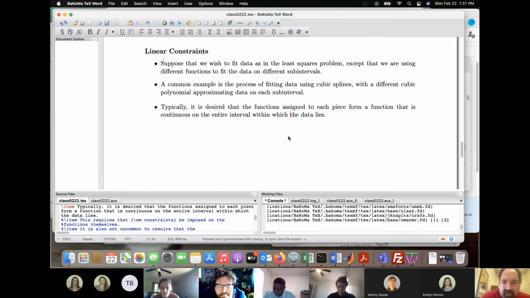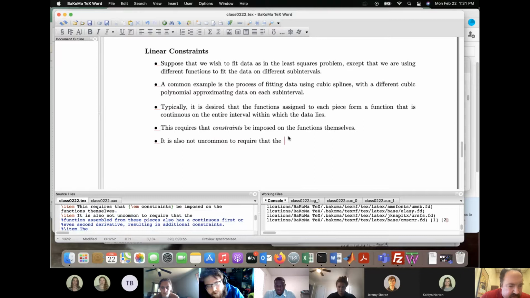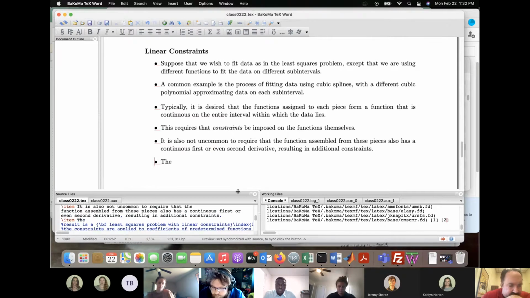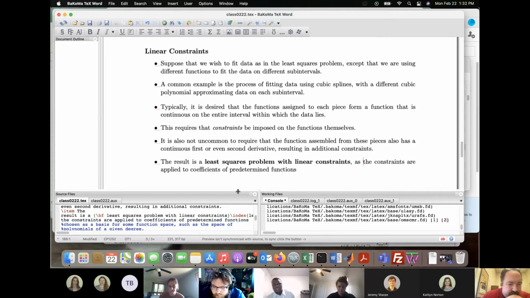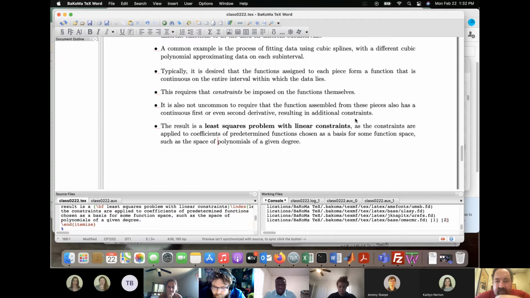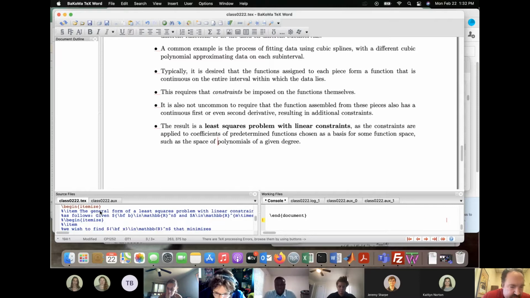So requirements like continuity or having continuous derivatives lead to constraints on your coefficients. What you get is a least squares problem with linear constraints. So how do we solve such a problem? In other words, we're trying to minimize b minus Ax like before, but now we have additional conditions to consider. So now I'll state the general problem.